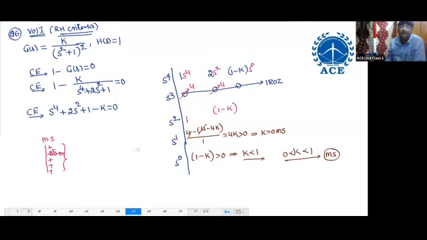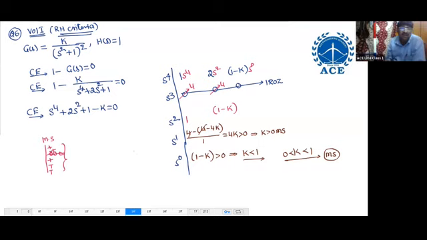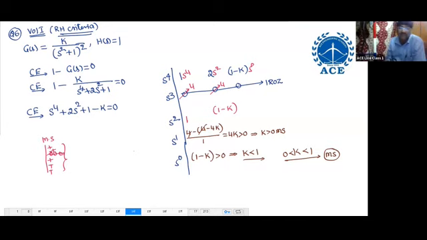Are you able to draw the Bode plot? If you are able to draw, then you can just select the answer. Verify the slopes. That's all. Initial magnitude, initial slope we identify. Then at the corner frequency, what is the new slope? Add, and then go on identifying the slopes.